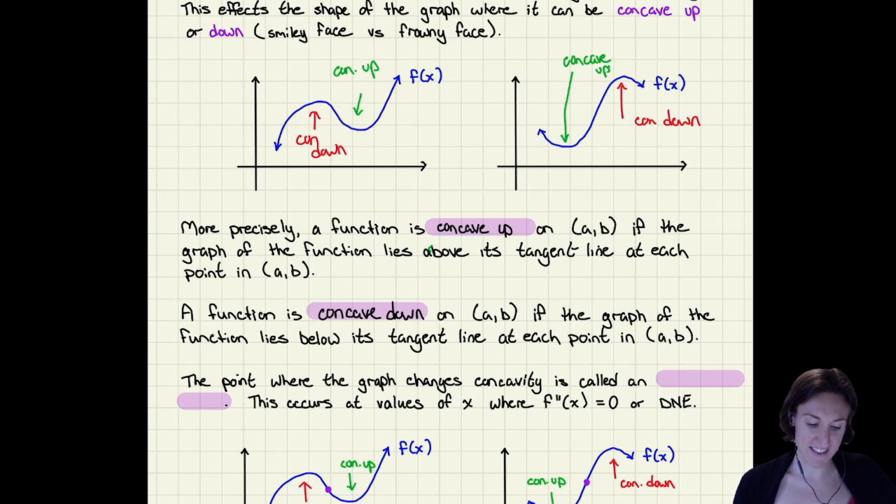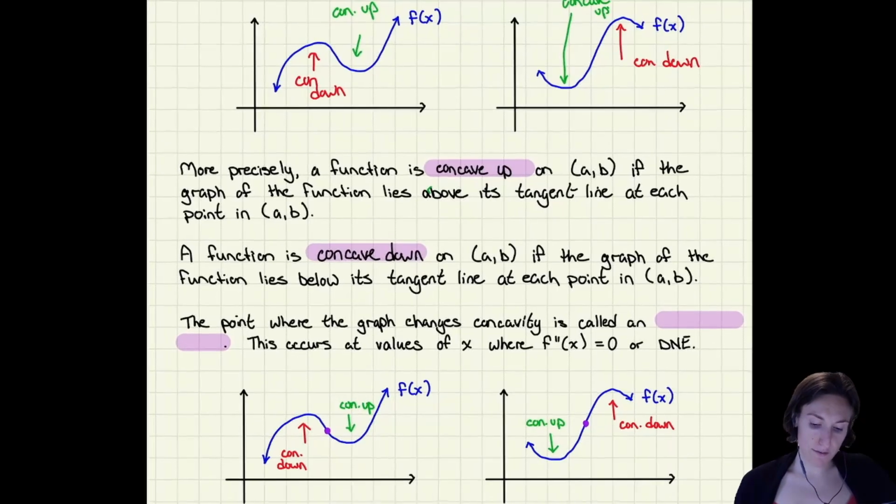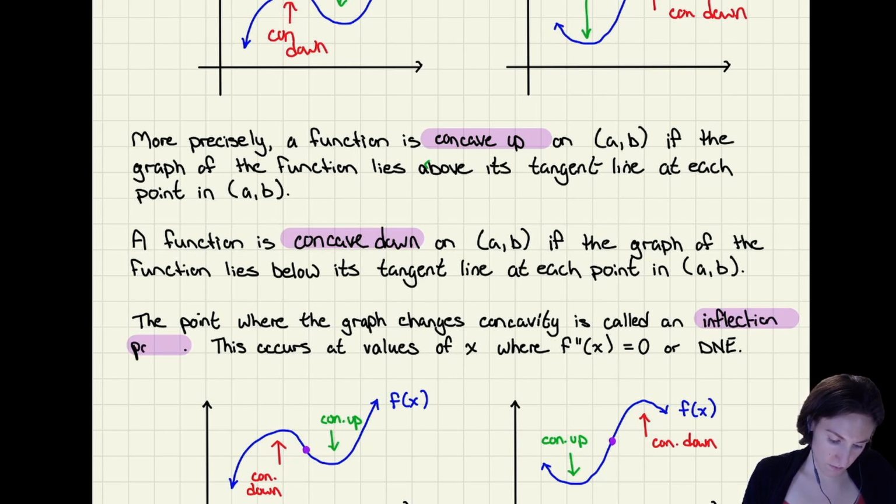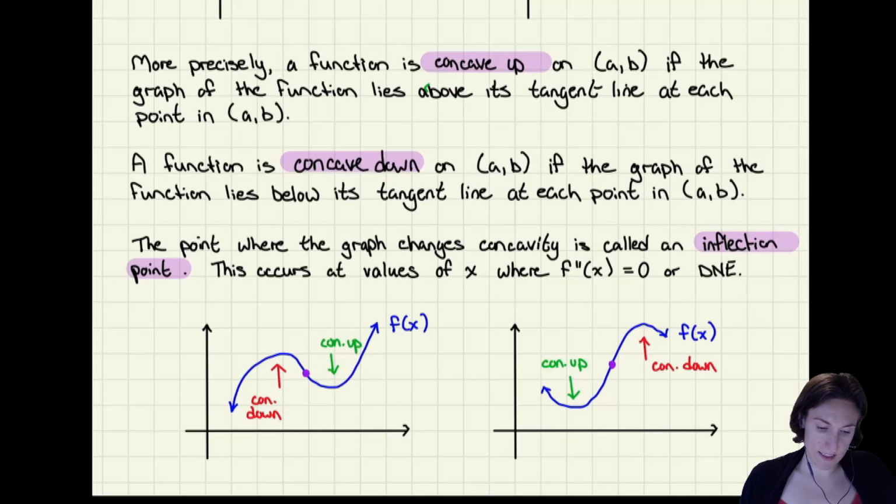Now, the point, if we look here, there's a point basically where we switch from a frowny face to a smiley face. That point where that switchover happens, that's called an inflection point or a point of inflection. So this is an inflection point. It's basically the point where the graph changes concavity. This occurs at the value either where the second derivative is 0 or it does not exist.